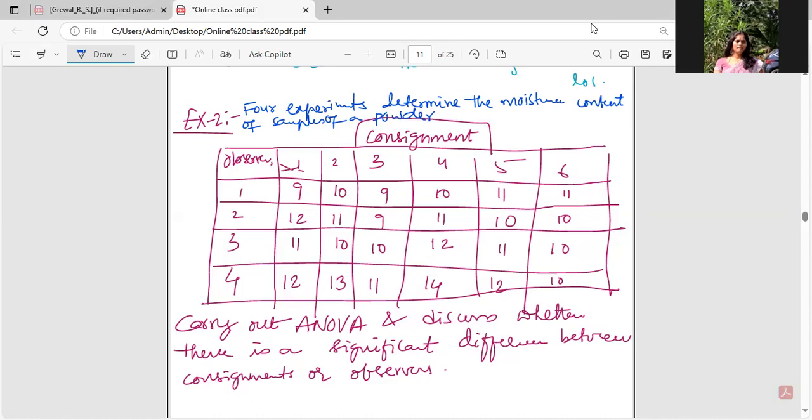Each man taking a sample from each of six consignments.